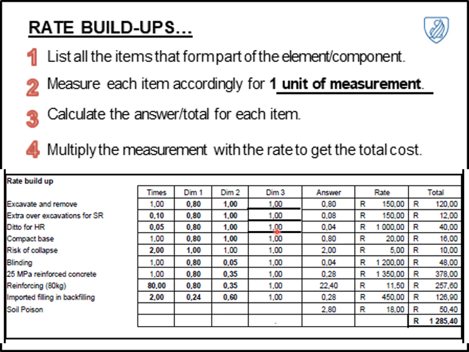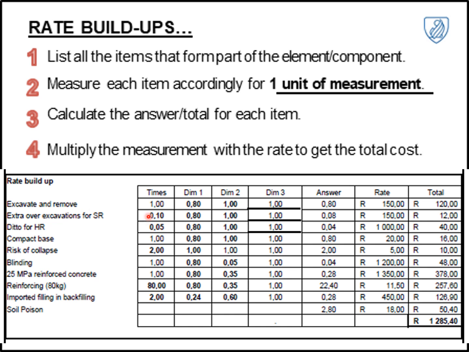So this dimension here, the 1, is us converting it to a 1 meter section. For the 800 millimeter wide and 1 meter deep excavation for 1 meter in length, we times that together to get to our factor that is applied to our rate to get to the rate per meter.